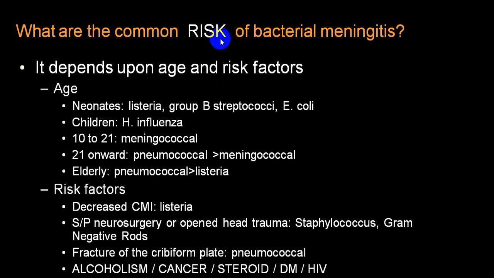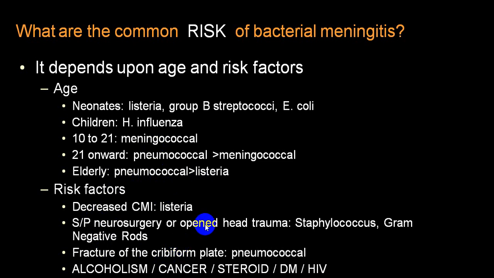Risk factors: more common in children, H. influenzae is more common. Meningococcal infection is very common in children. In the elderly, pneumococcal is more common as compared to Listeria groups. Particularly fractures, skull fractures, that is cribriform plate, basal skull fracture, they are more prone to get infections.